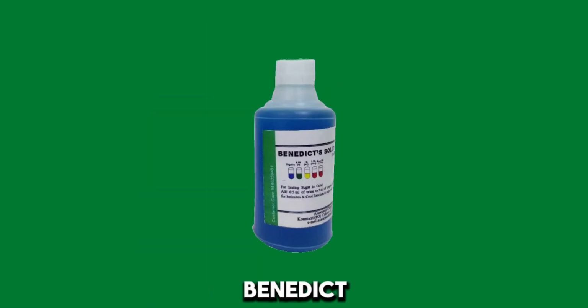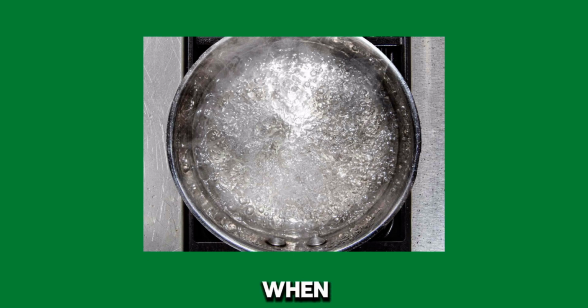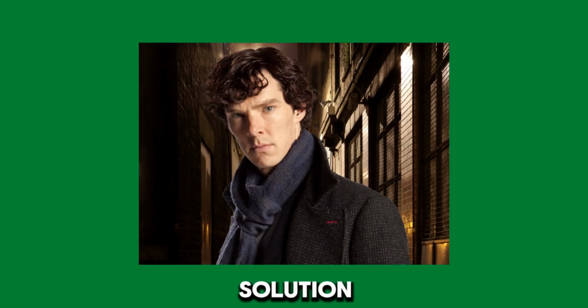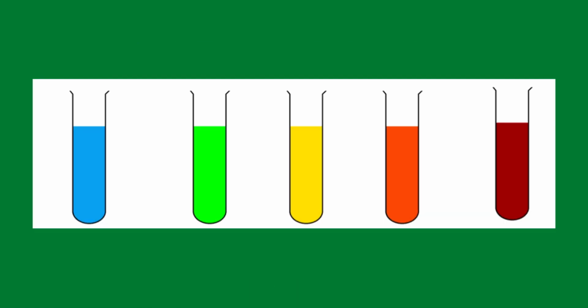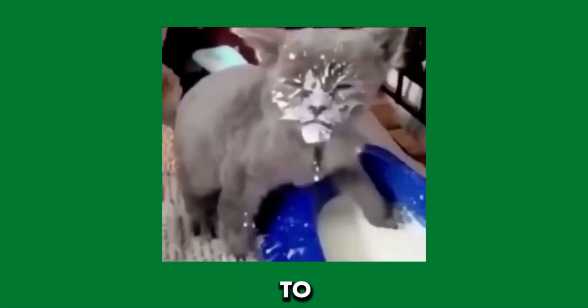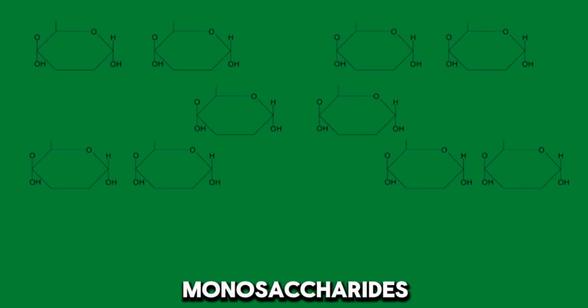You combine it with Benedict's solution, and you always have to heat it up. And when there is a presence of monosaccharides, it will reduce the Benedict's solution, causing it to change color. And there's a spectrum, okay? Depending on what color it changes to will tell you how much monosaccharide there is.